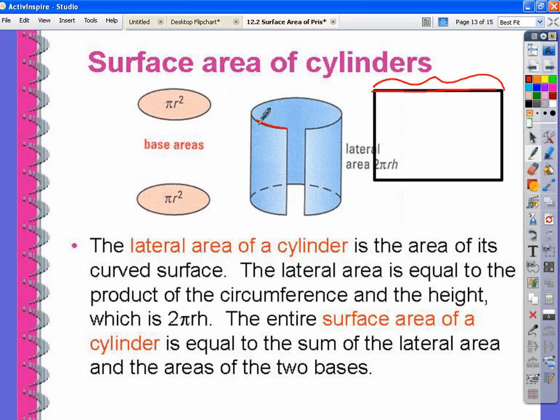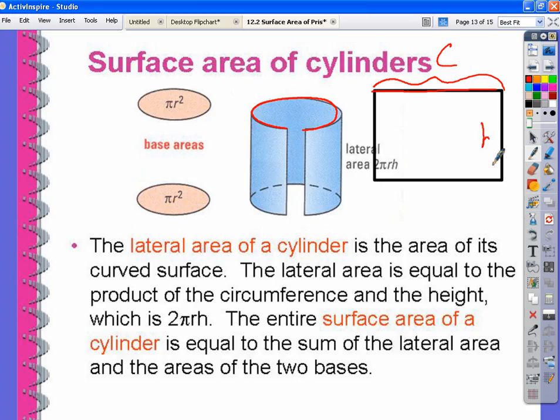So then we know that the length of that rectangle we get is circumference. The height is just the height, right? The height of the cylinder. So the formula that we get then is for the lateral area for the tube is just circumference, which is 2 pi r, right? We know that circumference of a circle is 2 pi r times the height.